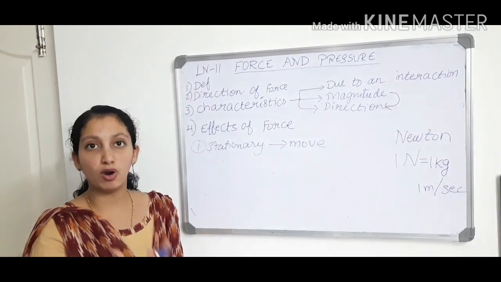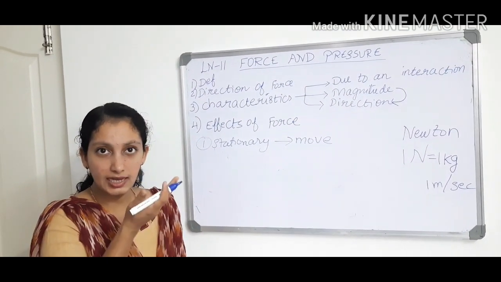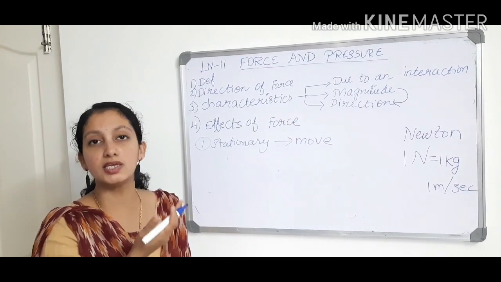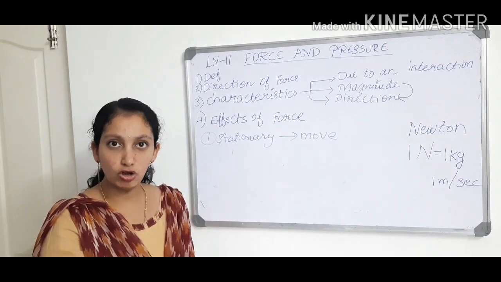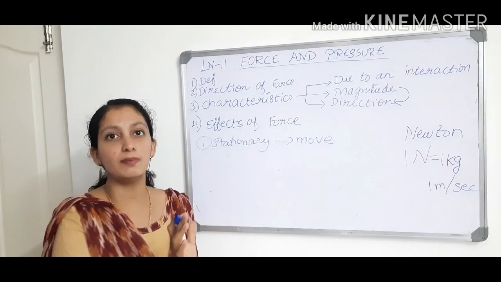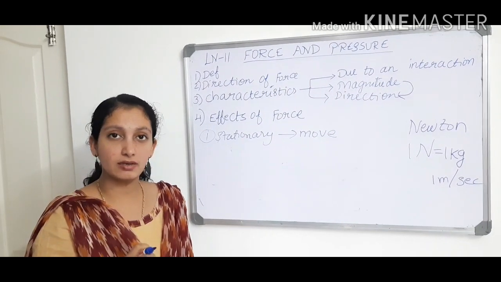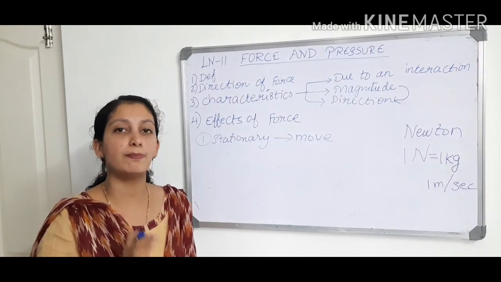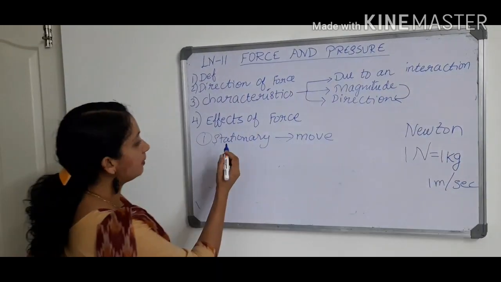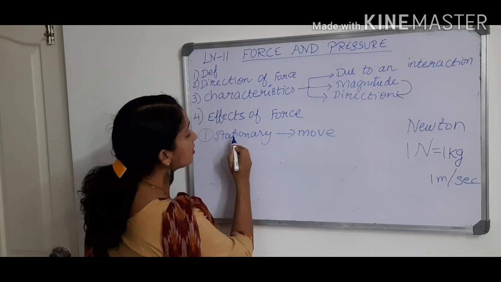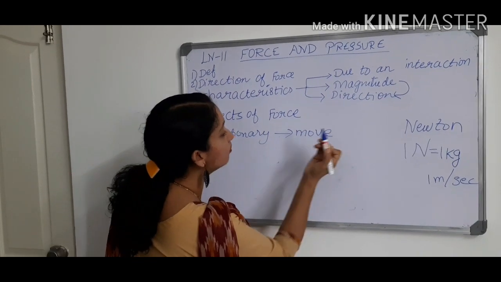For example, a ball which is at rest, meaning there is no movement or motion. Once you kick the ball, it starts moving. So, you can make a stationary object move by applying a force.